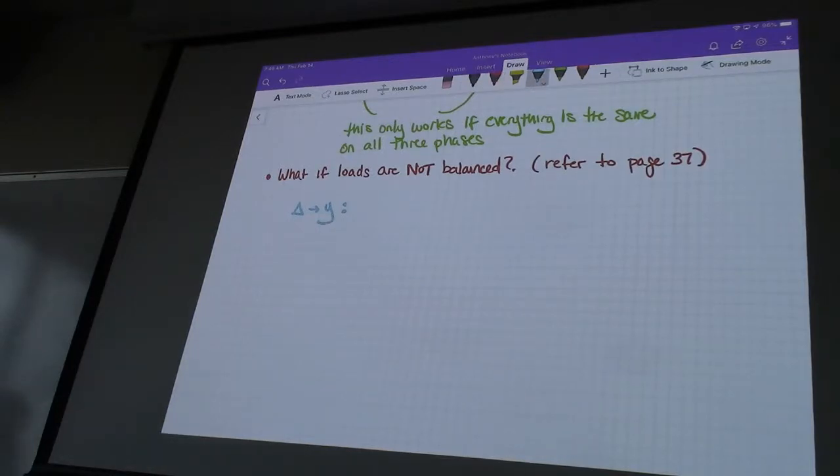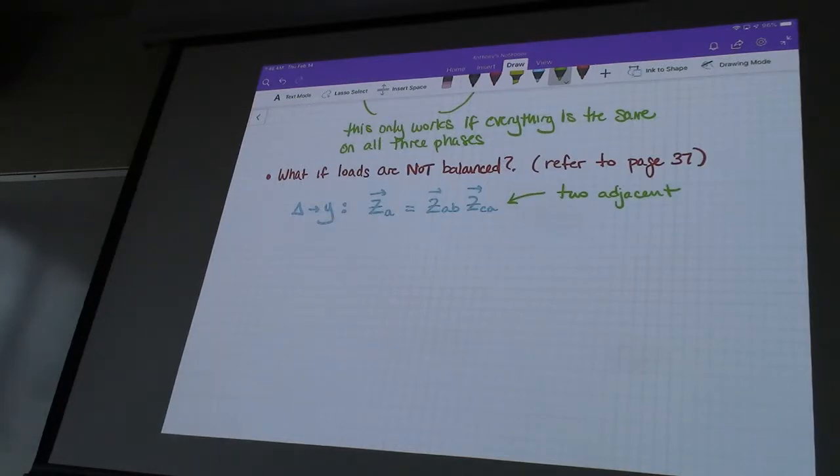So ZA is going to be equal to ZAB, ZCA. So right, these are the two adjacent values.